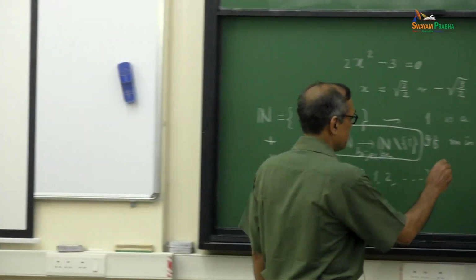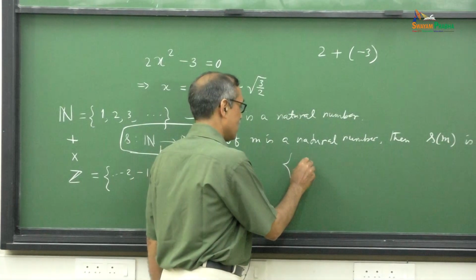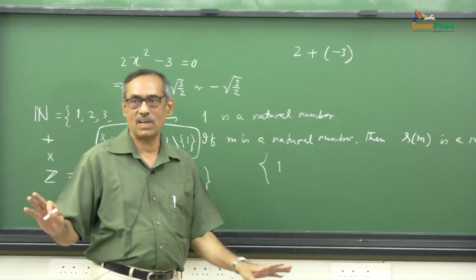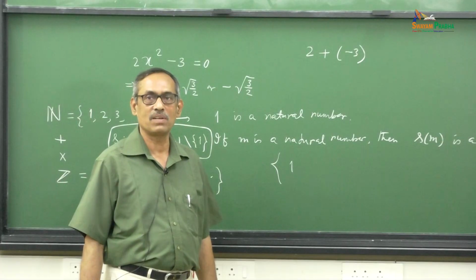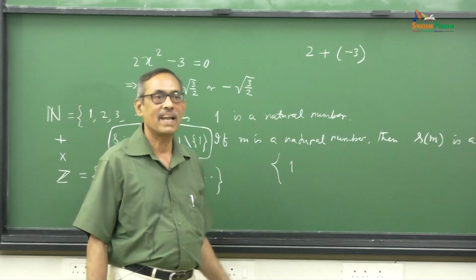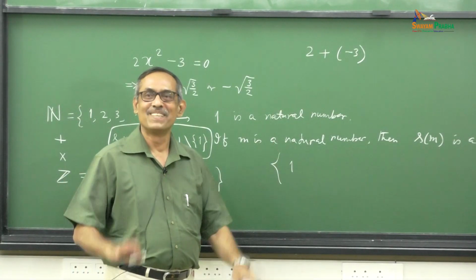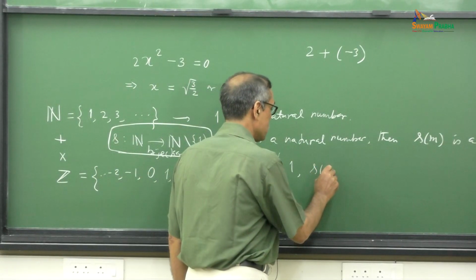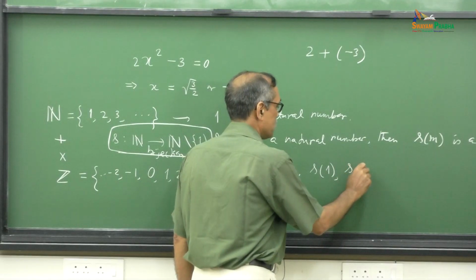So what does that mean? All it means is I am starting with some symbol, my first symbol to start with, like the Bible told, let there be light, let there be one. So it is there, some element. Then I have this. Then I have this.